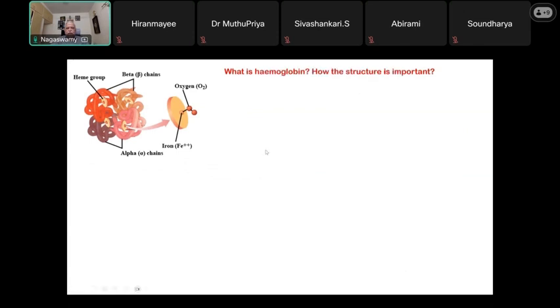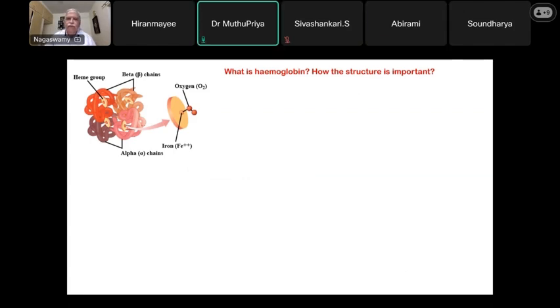So what is hemoglobin and how is the structure of hemoglobin important? It has 4 sites for binding oxygen. First of all, what is hemoglobin? What is the definition or description of hemoglobin? Protein. What protein?